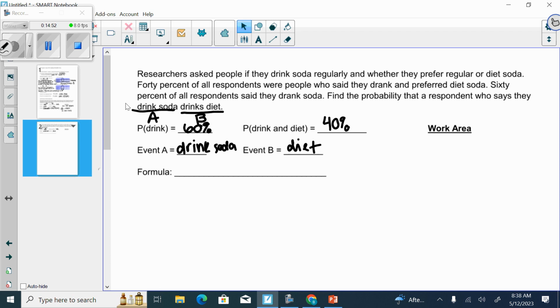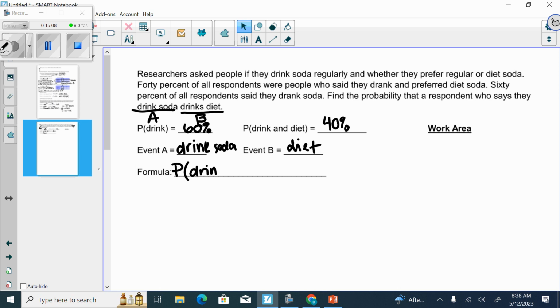So I would write my formula. All right, our formula is the probability of event A and B. You can plug in what events A and B actually are.